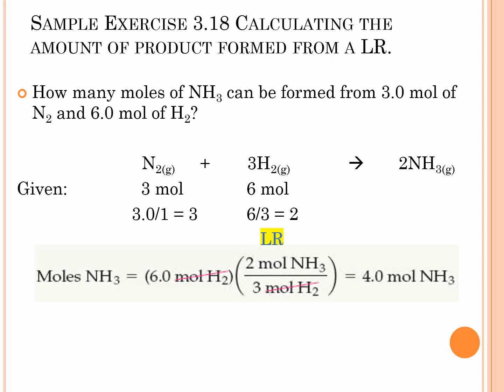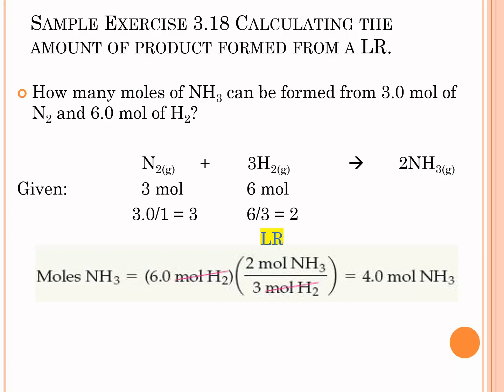Now what is the coefficient for nitrogen? It's 1. 3 divided by 1, 3. Now, what is the coefficient for hydrogen? 3. 6 divided by 3, it's 2. Which one is smaller? The smaller one is the limiting reactant. That is, the one which gives us the smaller ratio is the limiting reactant.